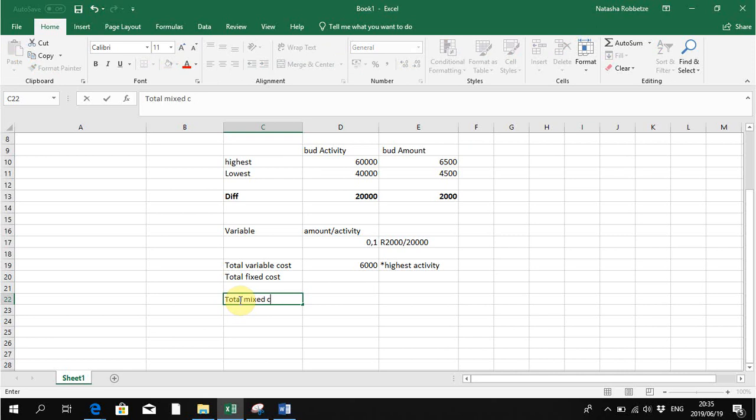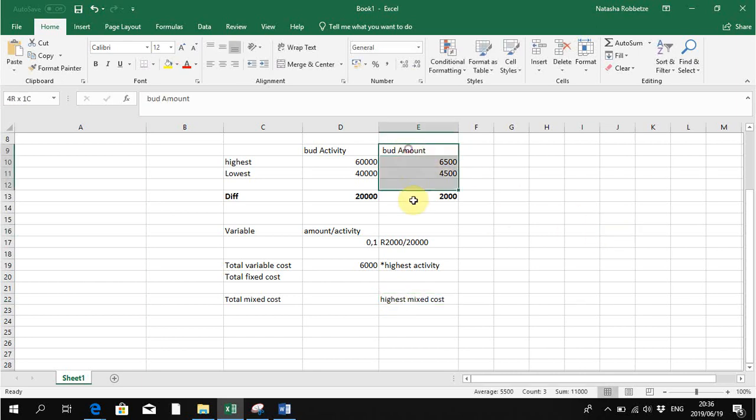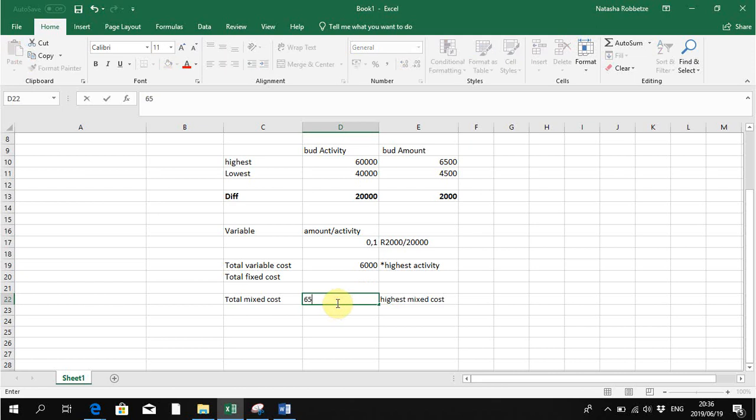So total variable cost plus fixed cost gives us total mixed cost. So, and we already have the highest mixed cost. So here we need to go and look for the highest mixed cost. And the highest mixed cost, if I look at my information above, was 6,500.